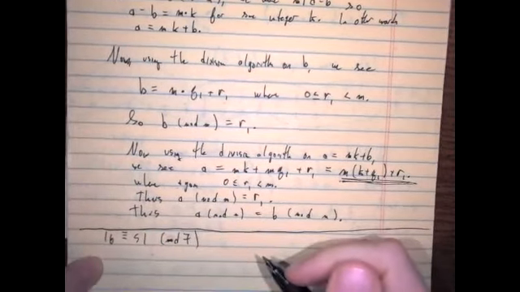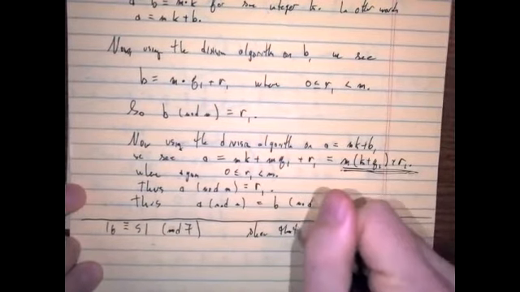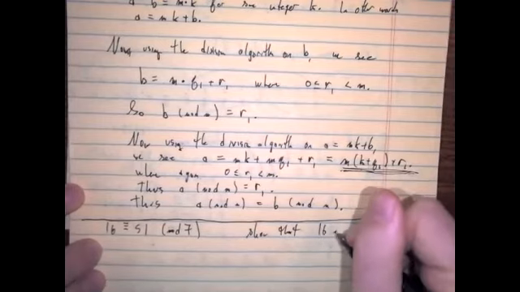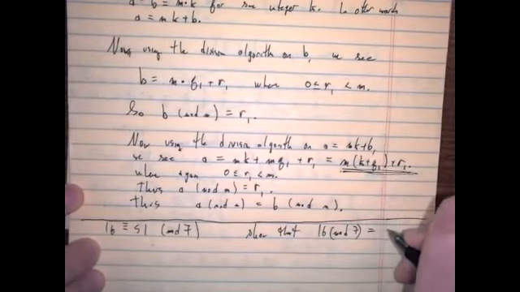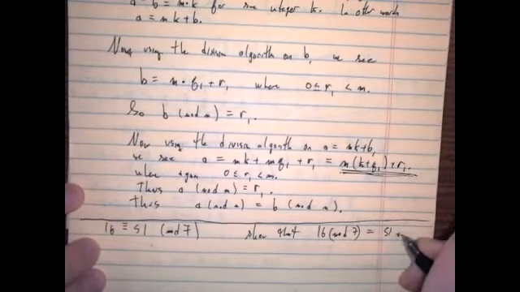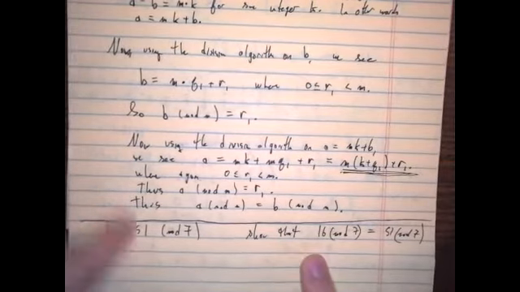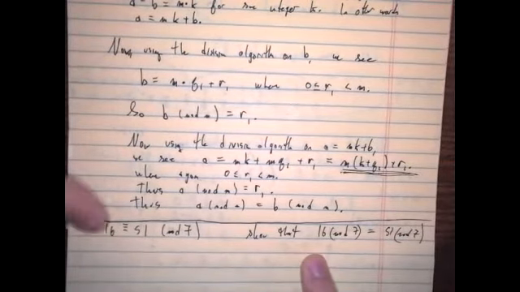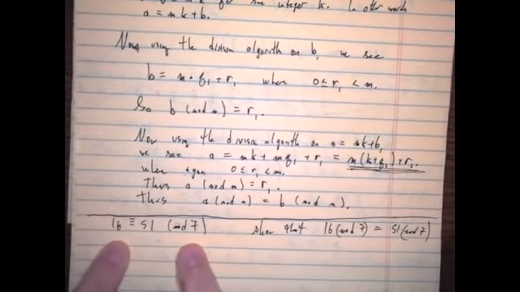And now what I want to show is that 16 mod 7 is equal to 51 mod 7. So I'm just trying to do an actual example and plug in the proof so we can see what's going on.